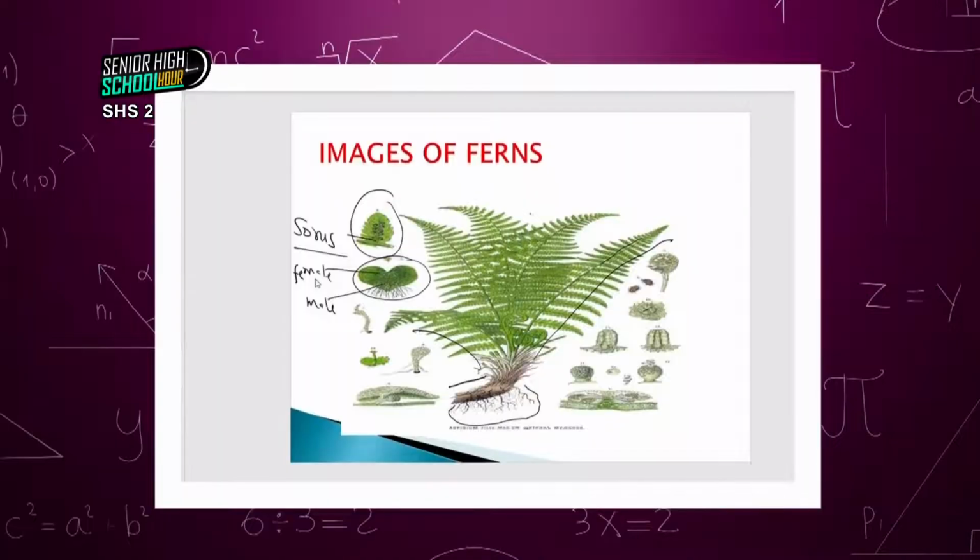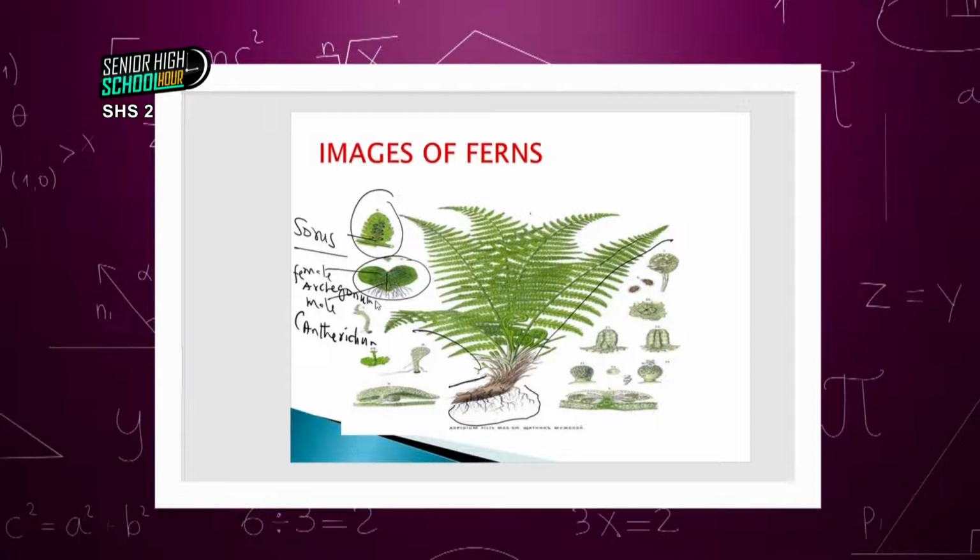So when water falls on them, the males will burst and swim to the female. The males are called the antheridium. Females are called archegonium. The same words we've been seeing or coming across.